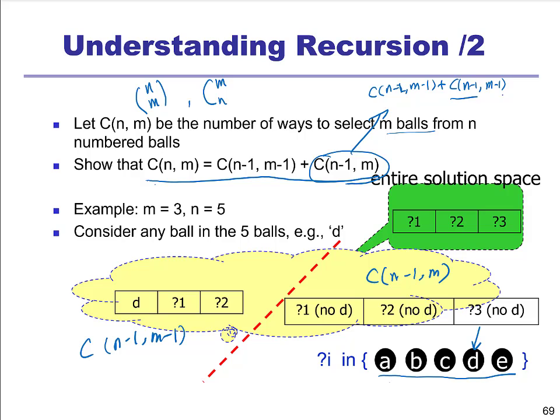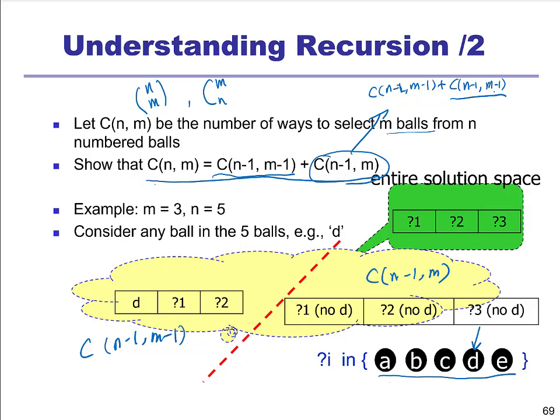And you can see that this part, C n minus 1, m minus 1, actually equals what we have here. If you have ever written code for this kind of recursion problem, or tried to execute a program, you will see that this C n minus 1, m minus 1 will be computed at least twice.